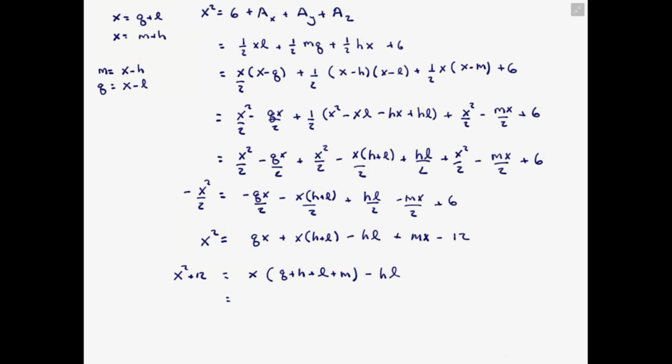And this gives us, now q plus L is x, and h plus m is x, minus HL.